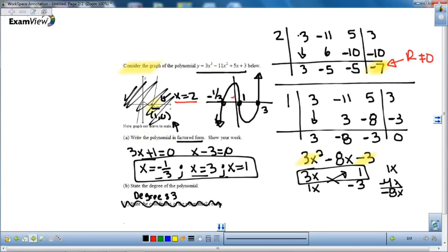We're not going to substitute since we don't have a calculator. The coordinates are going to be negative 1/3, 0; 3, 0; and 1, 0. Those would be your coordinates because they're all zeros, hence the y value has to be 0.